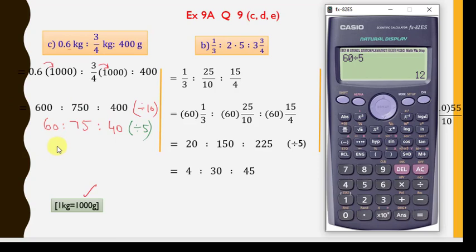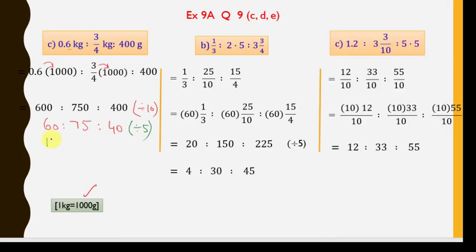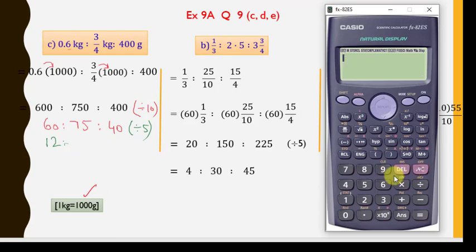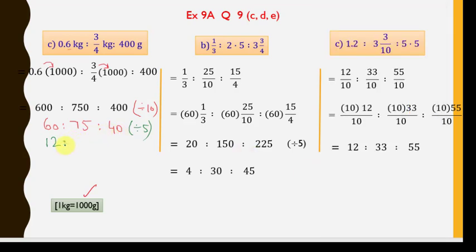So here we have 12, then 75 divided by 5, we have 15, and 40 divided by 5, we have 8. So that is our answer of part C.